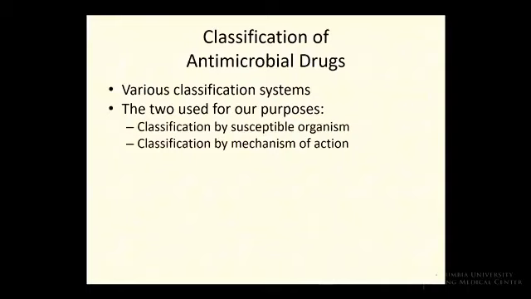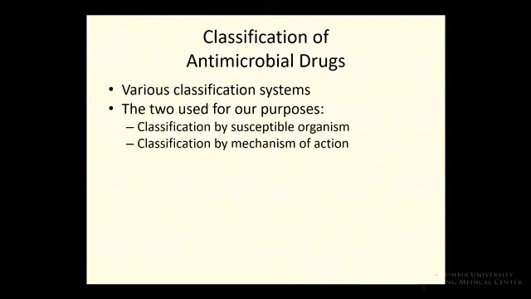Okay. So there's lots of ways of categorizing antimicrobial drugs. Okay? And there's two ways that I'd like to introduce to you. So this is like trying to understand the family tree of these antimicrobial drugs.